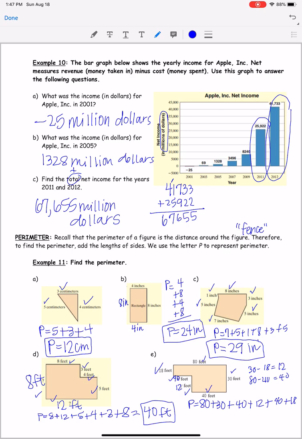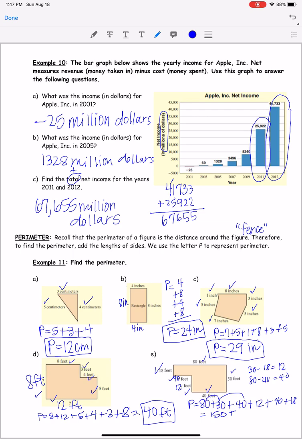So let's kind of chunk these up a little bit. We've got 80 plus 30 is 110, plus another 40. This is going to give me 150 from these first three.